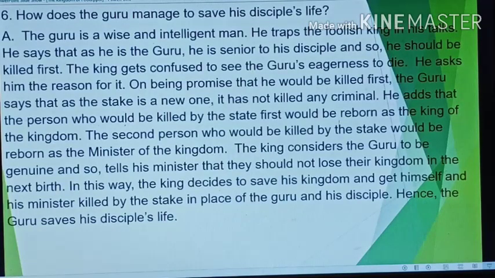The king considers the Guru to be genuine and so tells his minister that they should not lose their kingdom in the next birth. In this way, the king decides to save his kingdom and get himself and his minister killed by the stake in place of the Guru and his disciple. Hence, the Guru saves his disciple's life.